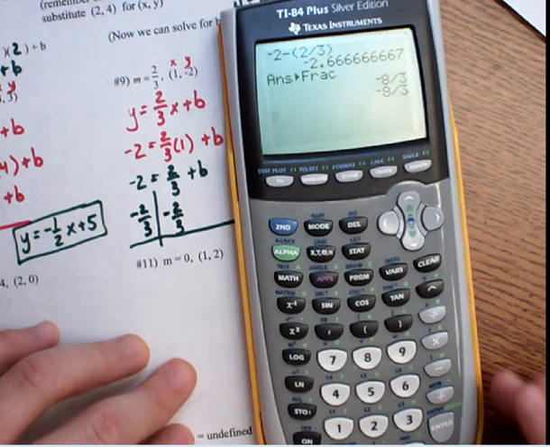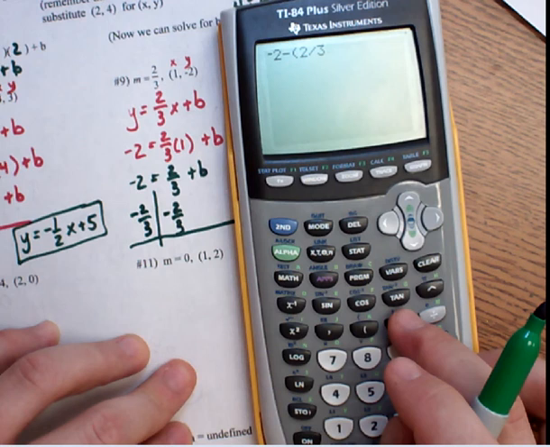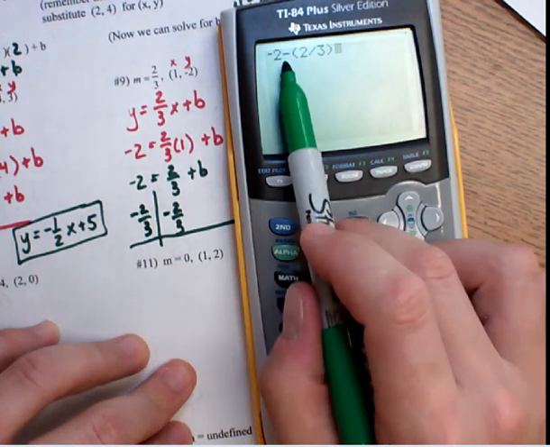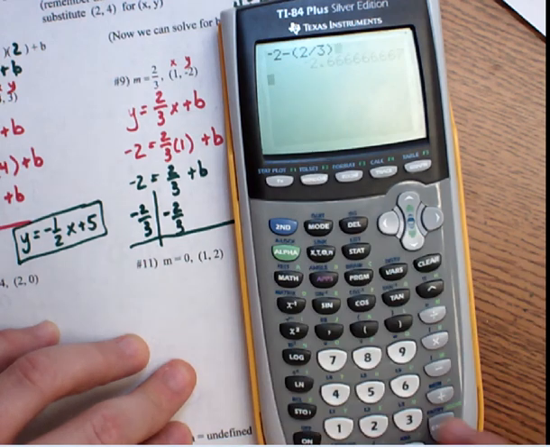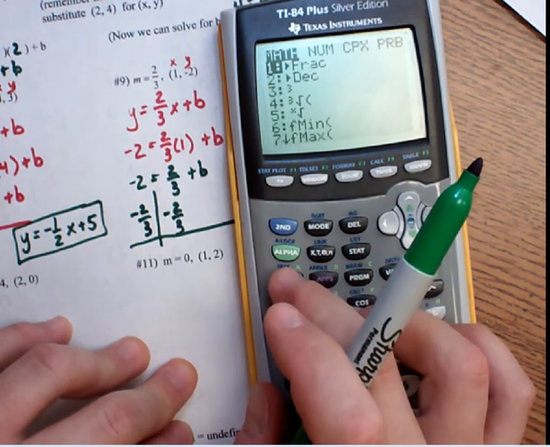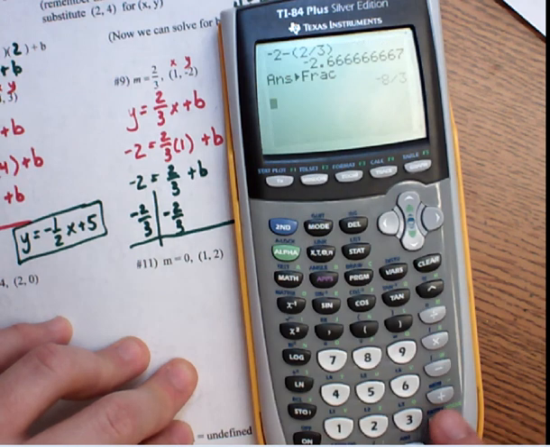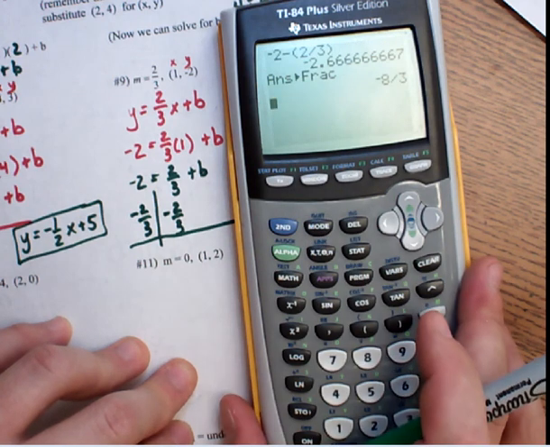Now when you do that, we could take -2, subtract 2/3. -2, notice this is a minus sign, 2/3, equals, there's a decimal, I don't want the decimal, so I can go math. I can go number 1 is fraction, just hit enter, and then enter. So it's -8/3.